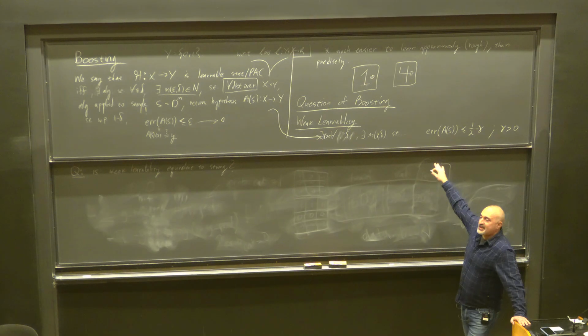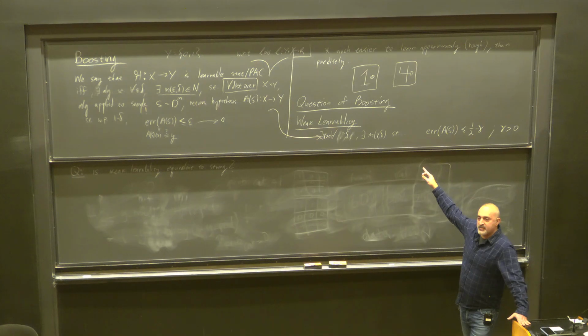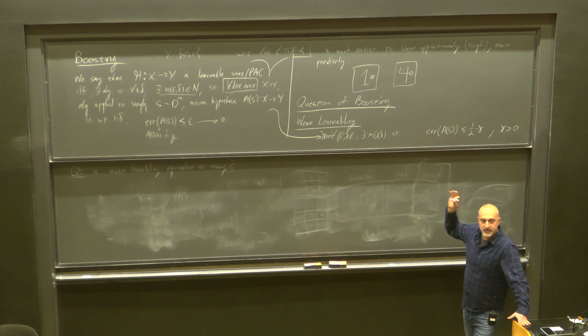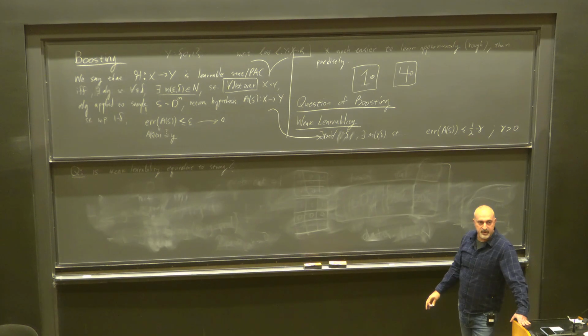Now this might even seem a little bit too weak, right? How on earth are we able to take this definition of 0.49 accuracy and make it into something strong?